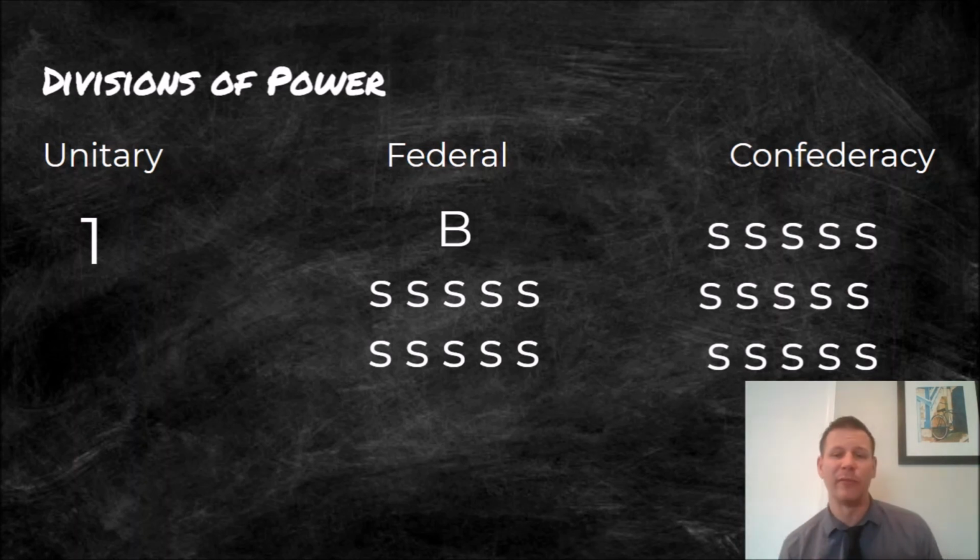A federal government, you have a big, powerful government with a lot of smaller governments below it that make the laws and decisions and rules that everybody follows. And a confederacy is very simple. It's just a bunch of small governments doing their own thing with no real central organization to steer the ship or tell them what to do. They just all do their own thing. That's a confederacy. And that's it, right?